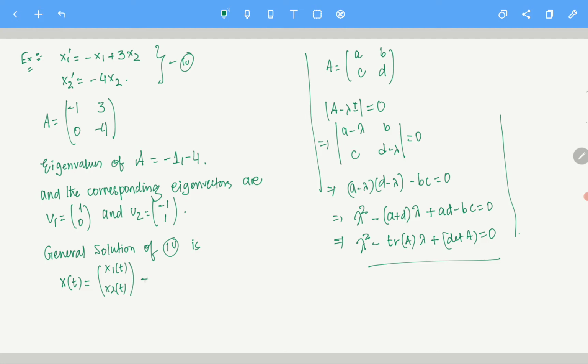That is, first of all, the constant c1 times (1, 0) e power minus t, plus c2 times v2, which is (minus 1, 1), e power minus 4t. So that's the general solution, where c1 and c2 are in R. I hope this is clear.